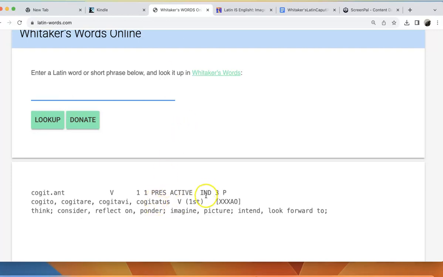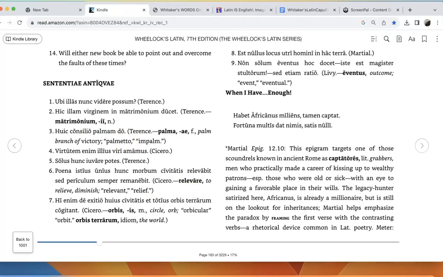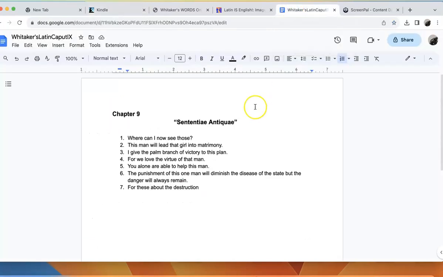And you can see it's present, active, indicative, third person, plural. So it means they, agreeing with hi. So are thinking, reflecting on, pondering, that seems too philosophical, too Greek. So Romans were a little bit more practical than the Greeks. So for these are thinking. So that's hi enim cogitant. So hi, these, enim, for, cogitant, are thinking.